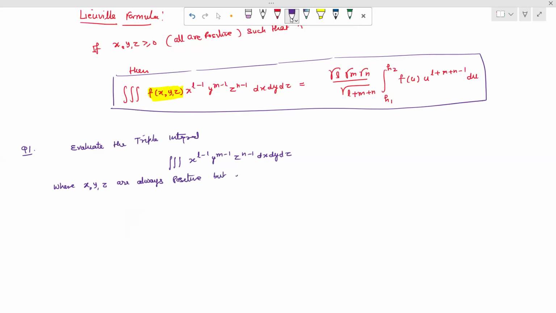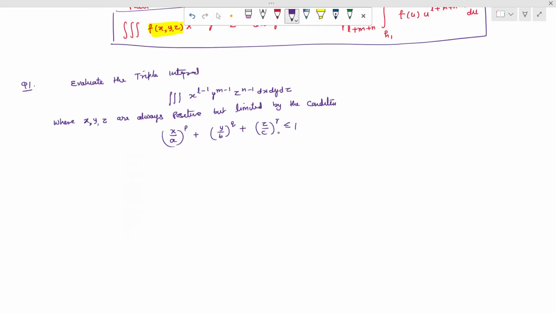but limited by the condition x upon a raised to the power p plus y upon b raised to the power q plus z upon c raised to the power r is less than or equal to 1.